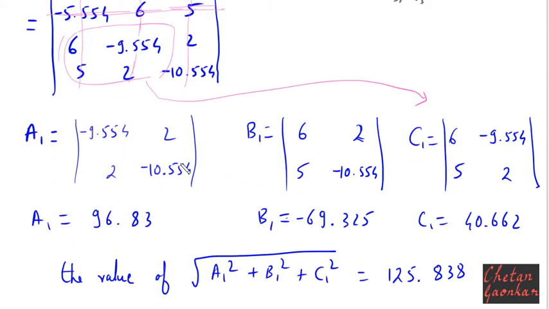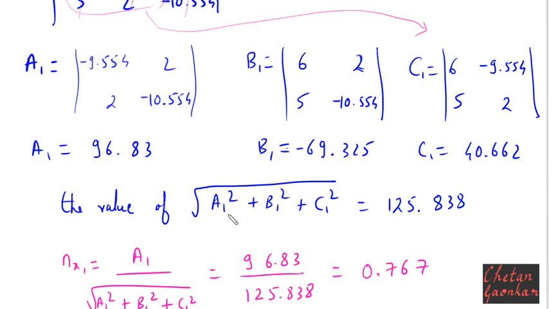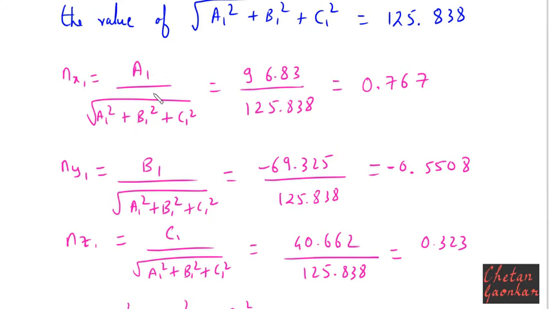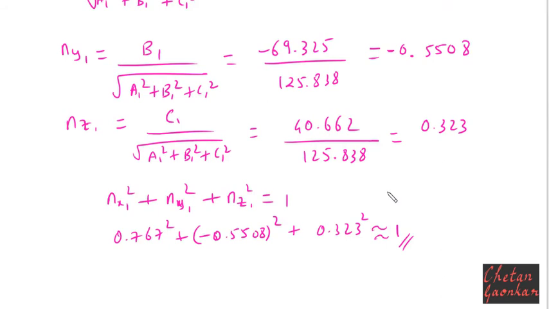Once I get the values of a2, b2, c2, I will find a2 square plus b2 square plus c2 square. Finally nx2, ny2, nz2 will be a2, b2, c2 each divided by this term. Again you can cross verify this. I won't be doing this for the second and third principal stress. You may please do it from your side.